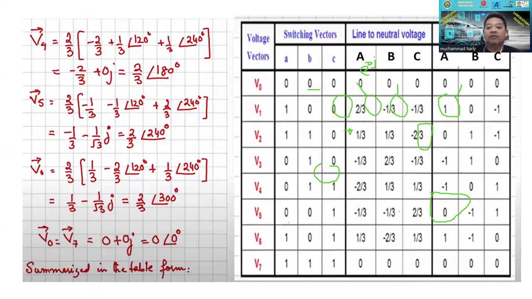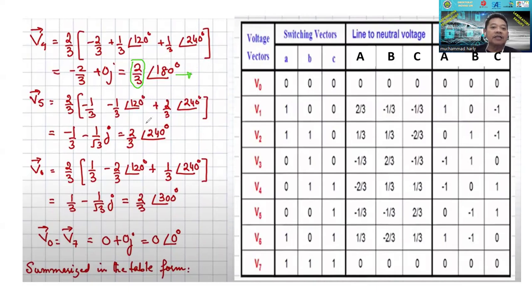The final results of the calculation of all of the vectors have the same magnitude, the same length, but a different direction here.